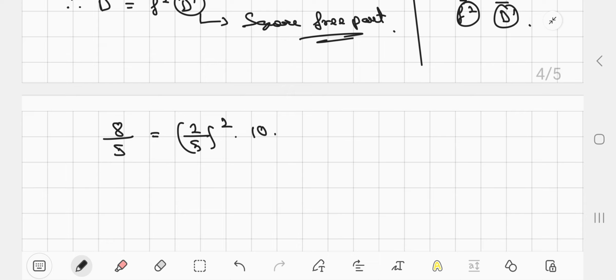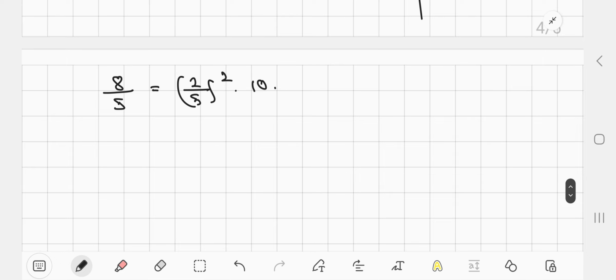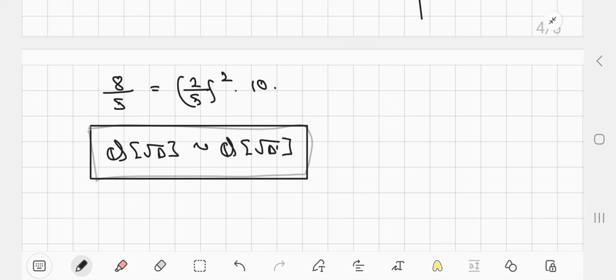So this D dash is called the square free part, and obviously talking about Q root D is equivalent to talking about Q root D dash, right? Clear? So in the definition of a quadratic field, we can assume the rational number D to be square free.